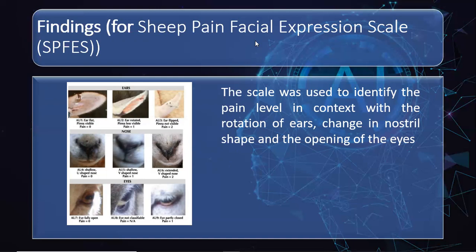The scale was used to identify the pain level in context. There are three categories: the rotation of ears, change in nostril shape, and the opening of the eyes. As you can see, every category also indicates a pain level from 0 to 2.